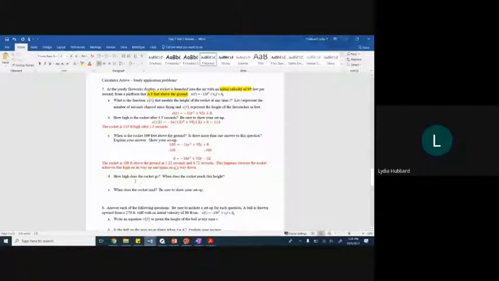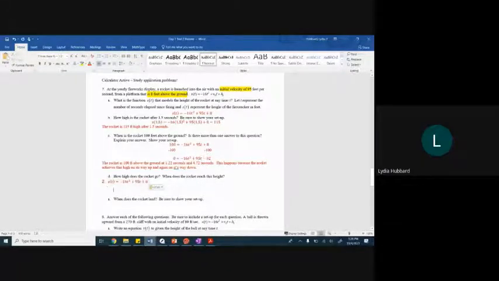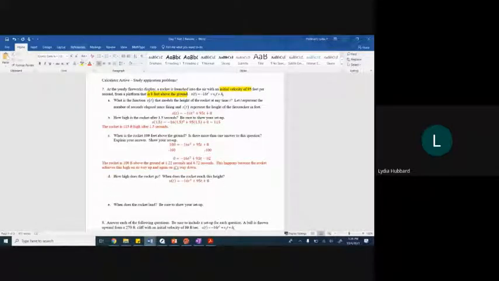Okay, how high does the rocket go? When does the rocket reach this height? So again, we're going to take that original equation, not the one we changed in the last problem, that original one. Okay, and we're going to go to our graph. And if we are looking for how high the rocket goes, that means we're looking for the maximum. I don't know why mine is in Comic Sans right now.